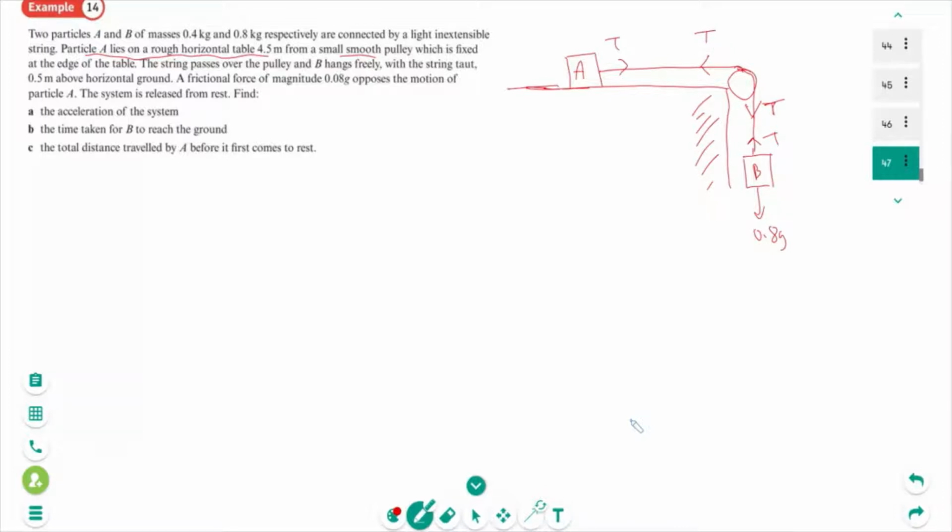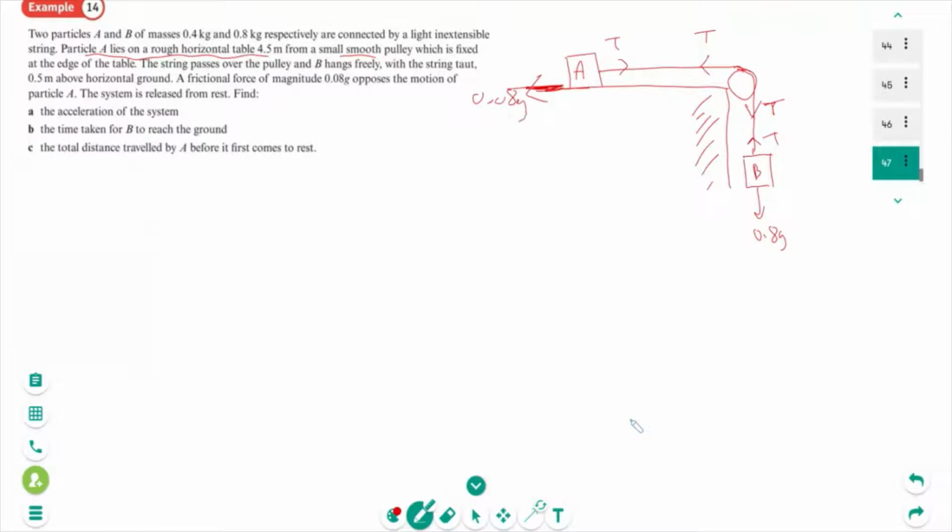What else are you told? Particle A is 4.5 meters from the pulley. The string passes over B. The string is taut. B is 0.5 meters above the ground. A frictional force of magnitude opposes particle A. So particle A has a frictional force, 0.08g.